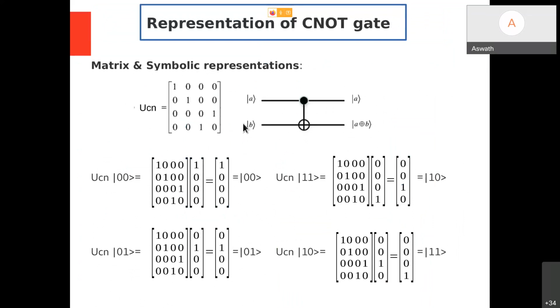The symbolic representation in quantum computing is that we have lines corresponding to each qubit. One qubit is traveling like this, another qubit is traveling like this. So you may ask, sir, a qubit is an atom. How would an atom travel?